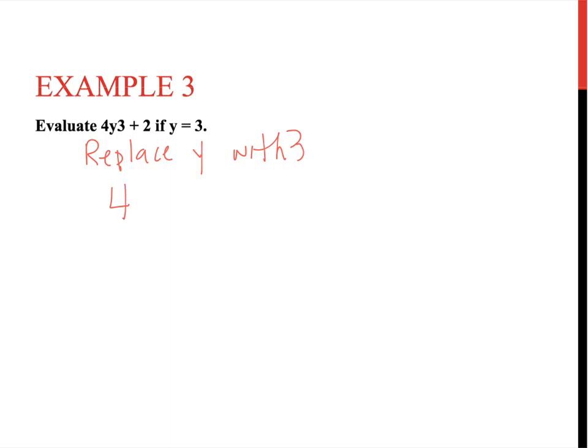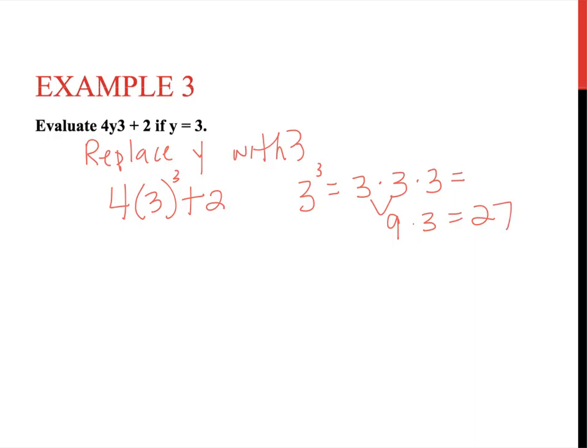So it's going to be 4 times 3 to the third power plus 2. And if you remember, 3 to the third power is 3 times 3 times 3. 3 times 3 is 9, times 3 is 27. So that's going to become 4 times 27 plus 2.